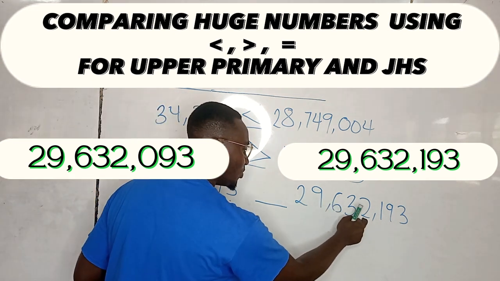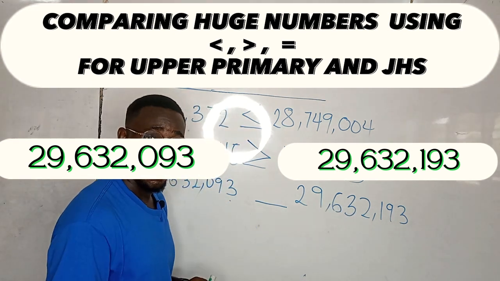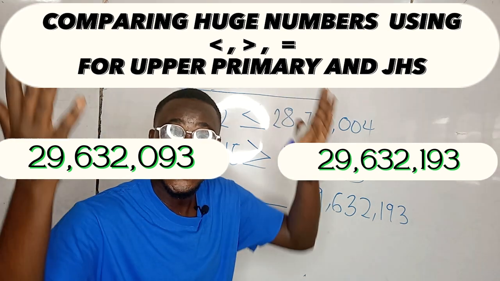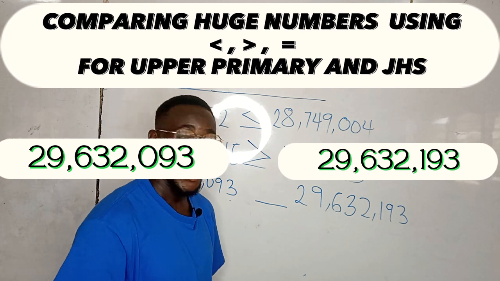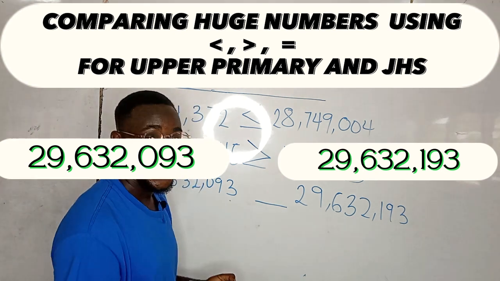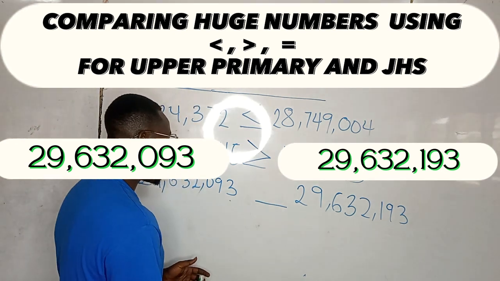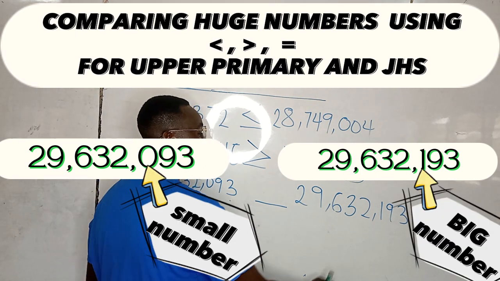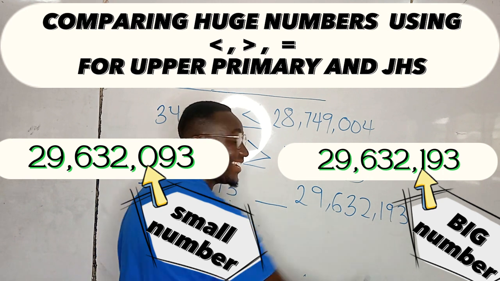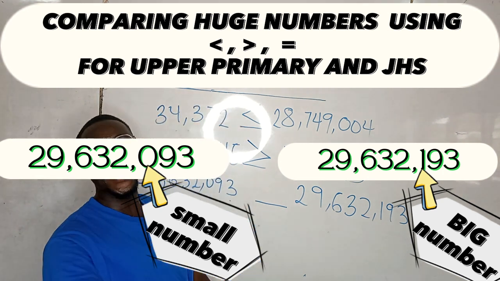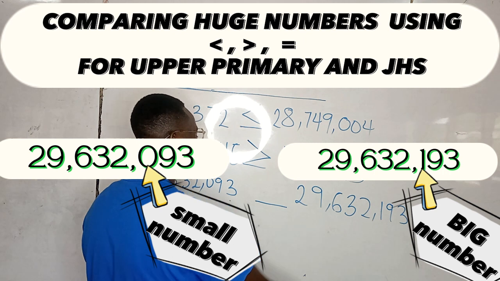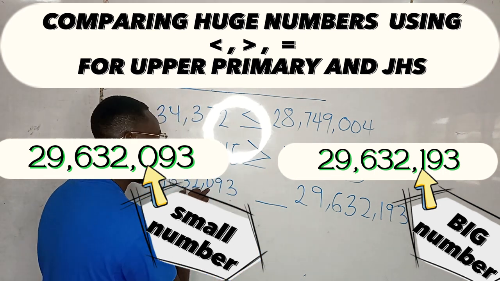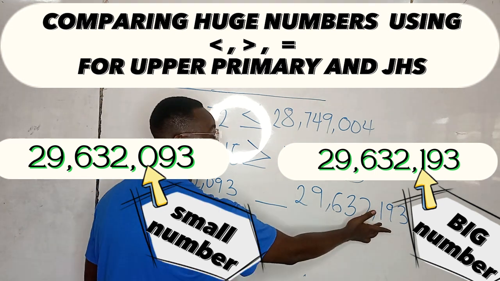It says 3, 2. They look the same. Well, shall I write equal to? No. Why? Because we are not done with the numbers. We have another set of numbers to look at. We have 0, 9, 3, and over here, we have 1, 9, 3. So you see, automatically, this number is greater than this number. Why? Because here starts with 0, here starts with 1.